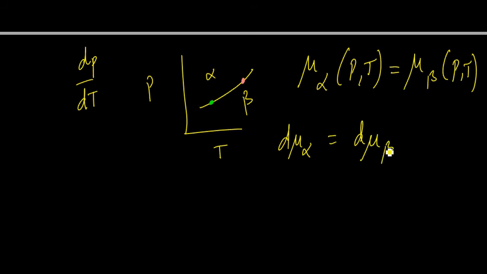And I already have my fundamental equation, one of the fundamental equations, which tells me what d mu alpha and d mu beta is. Right? Minus S dT plus V dP.